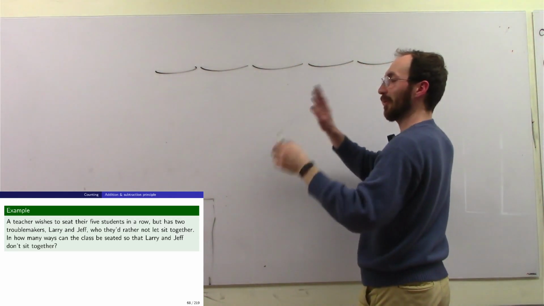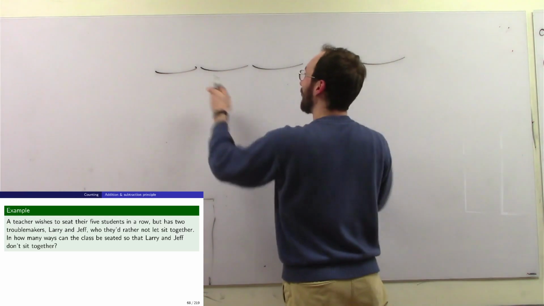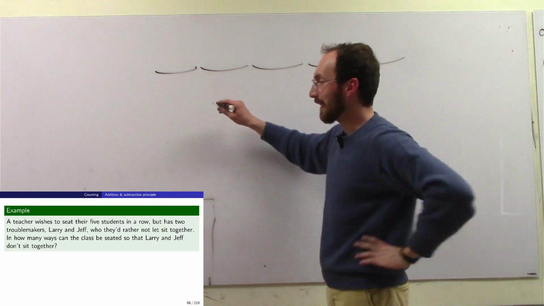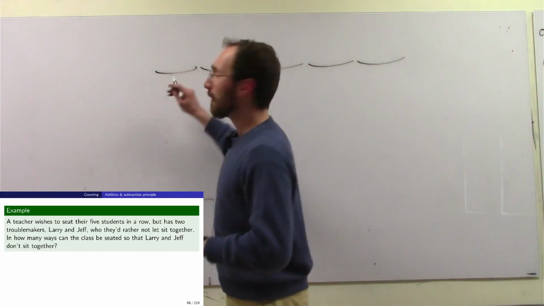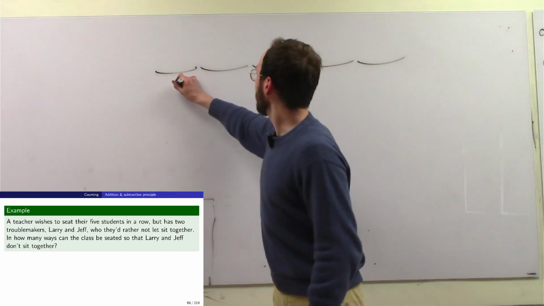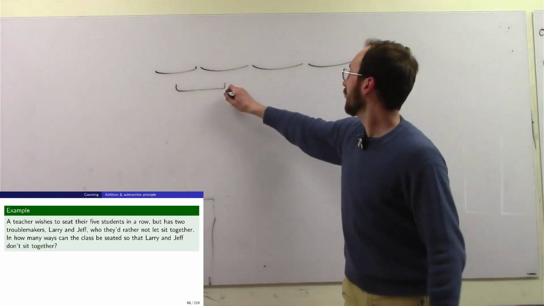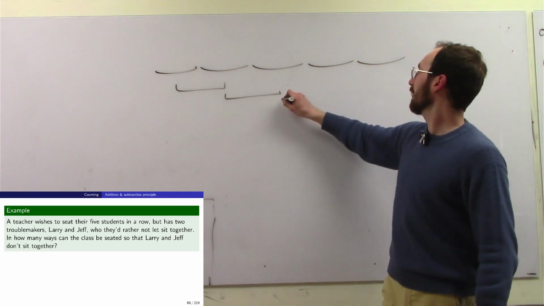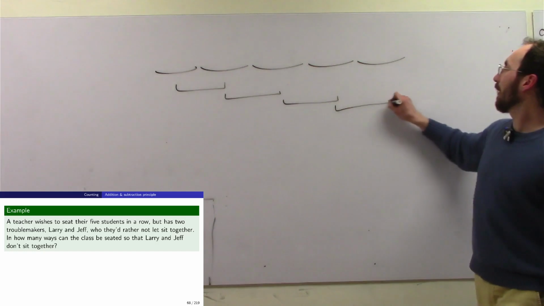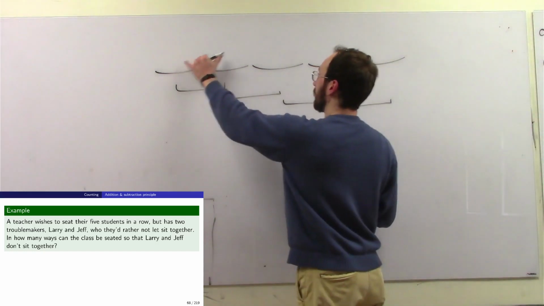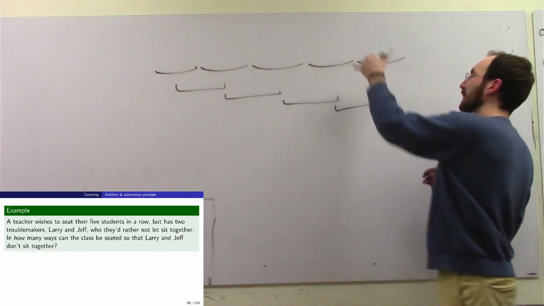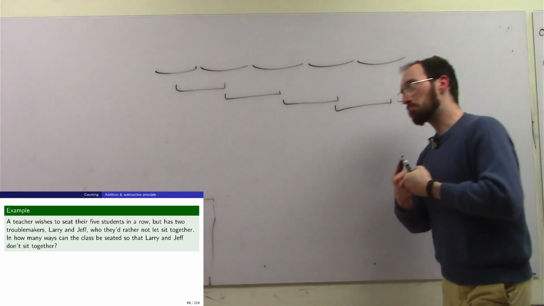So if we pair them next to each other without worrying who's sitting on what side, there's going to be 4 ways. I can have Larry and Jeff sitting right here, here, right here, or right here. Those are 4 ways that 2 chairs are going to be right next to each other.